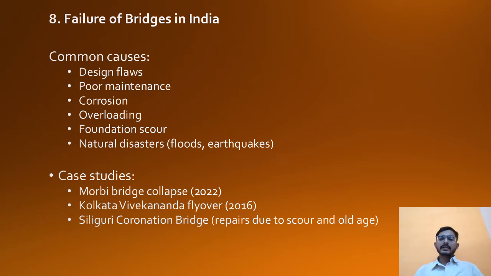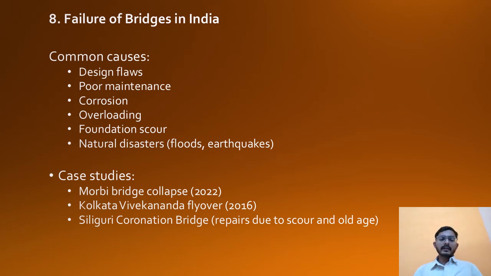And then foundation scour. Scour means flowing away of soil with the flow of water. This should not happen, and should not affect the foundation of any bridge. Also natural disasters like floods and earthquakes. So we check the flux and HFL, high flood level.